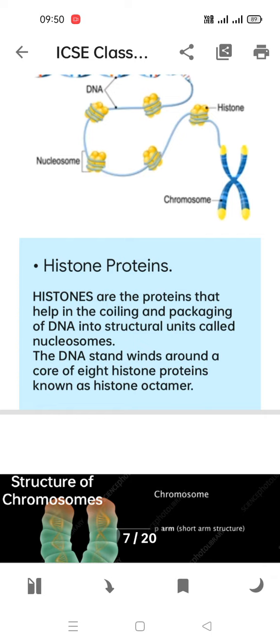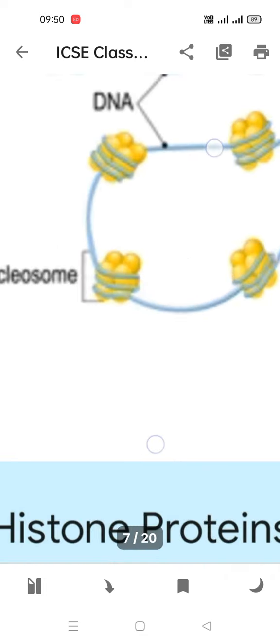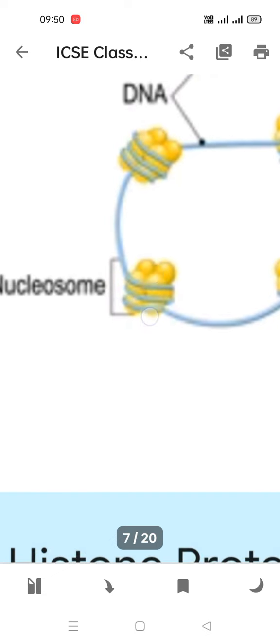The DNA strand binds around a core of 8 histone proteins known as the histone octamer. Since the DNA binds 8 histone proteins, 4 on the upper side and 4 on the lower side, that's why they are known as the octamer.